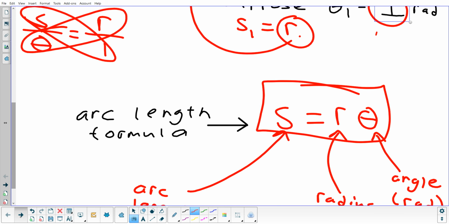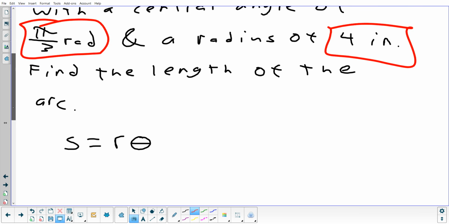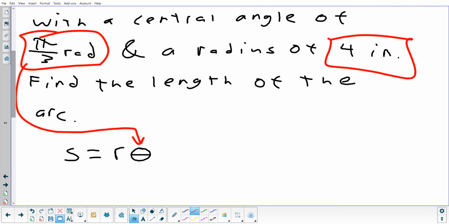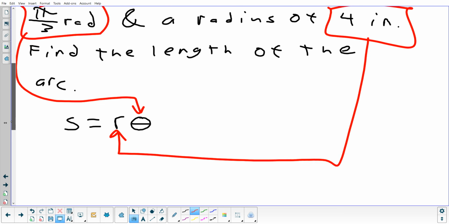Okay, so my angle in this case is pi over 3, and you're going to fill that in for theta. Now, radius of 4 inches. What letter is that going to get plugged in for? Alec? Yep, that gets plugged in for R, and then we do it out, and that's our answer.